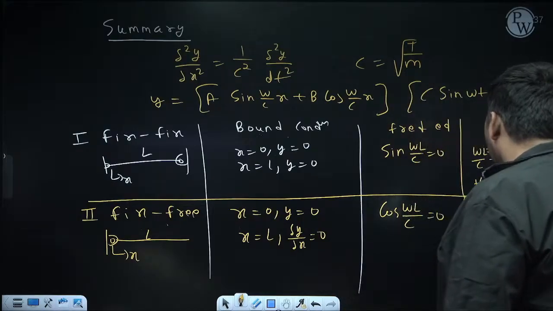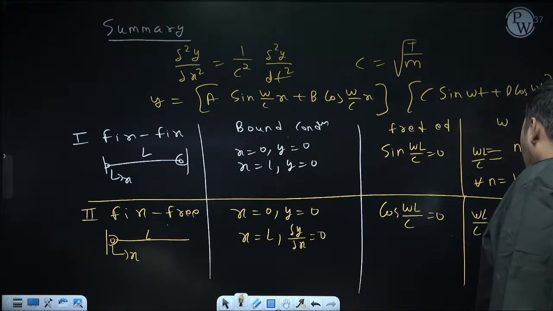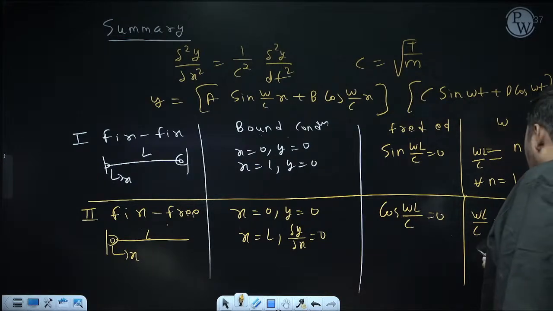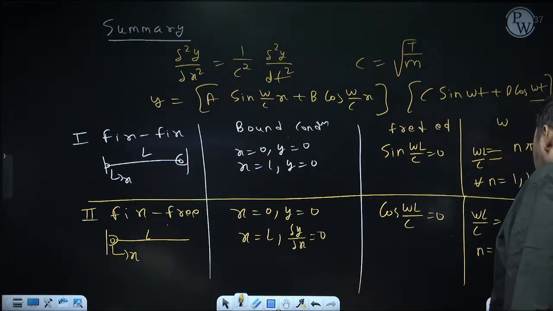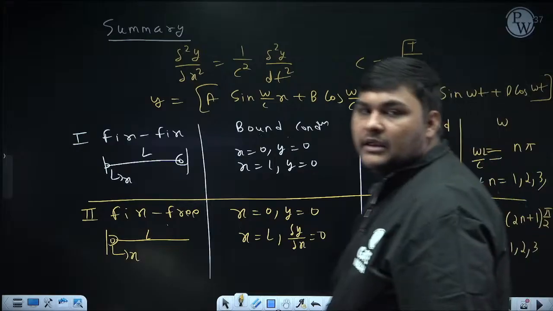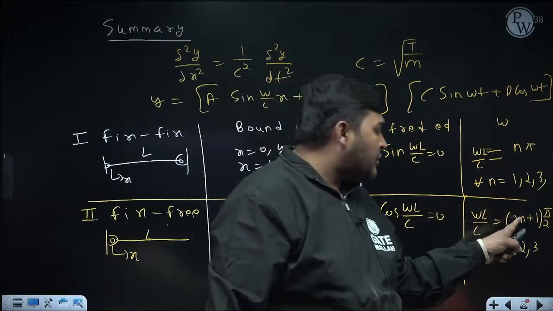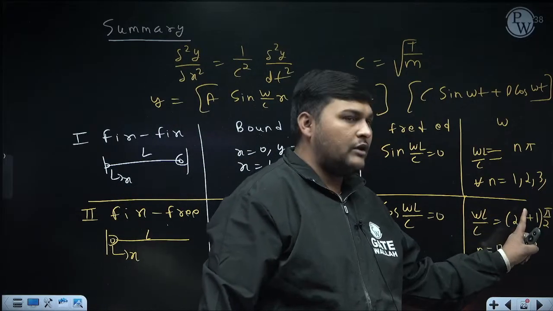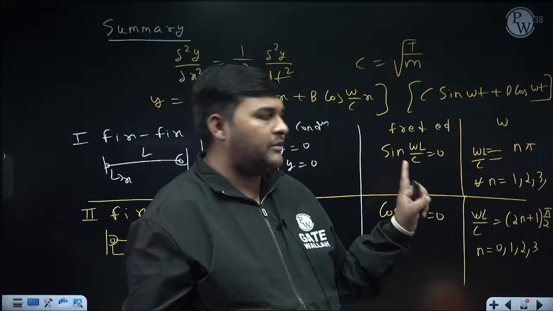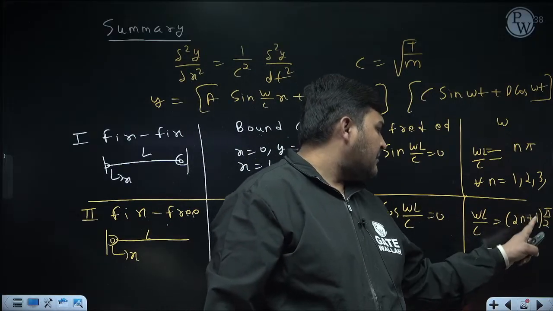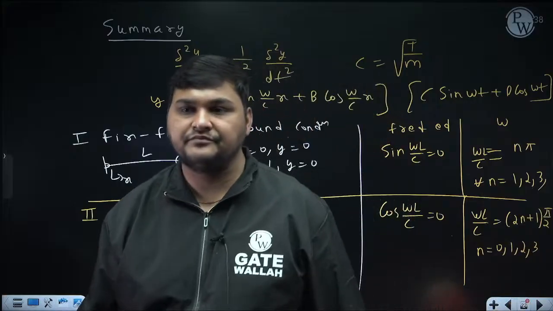When cos theta is 0, omega L by C is (2n plus 1) times pi by 2. Here n starts from 0. If the examiner asks for the frequency of fundamental, put n equal to 0, because by putting n equal to 0 I get a non-zero value. The first non-zero frequency is the frequency of fundamental mode. So put n equal to 0, you get non-zero, it is pi C by 2L. That you can write.